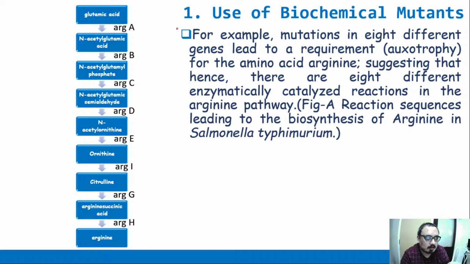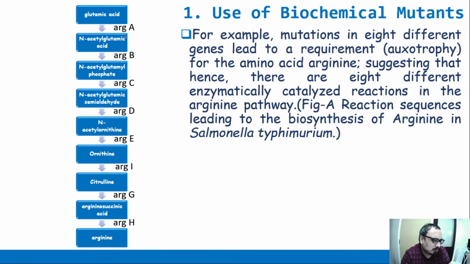Now this is just an example of a biochemical pathway from which arginine is produced. This is just an informative pathway. For example, 8 different genes lead to a requirement, that is, auxotrophy for the amino acid arginine, suggesting that there are 8 different enzymatically catalyzed reactions in the arginine pathway.